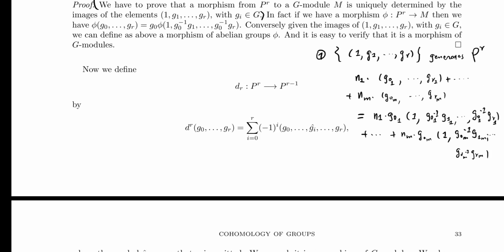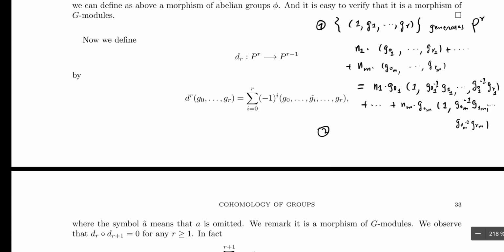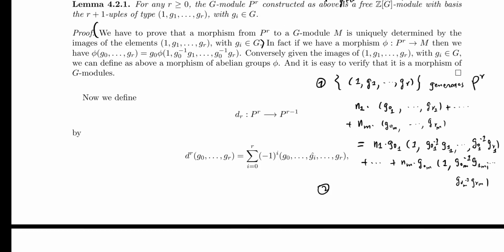The second thing is you have to prove it is linearly independent. Again, we simply write the element of ZG.